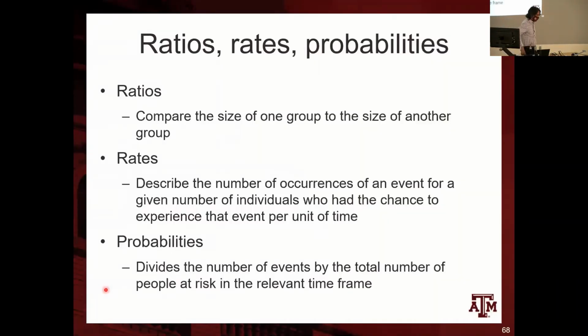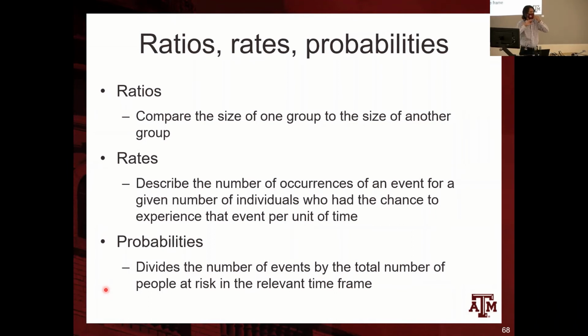And now another topic within this chapter 1 that's also beyond what is in the textbook is for us to really clearly understand the differences between ratios, rates, and probabilities. Ratios is pretty much when I compare two groups in a specific population.